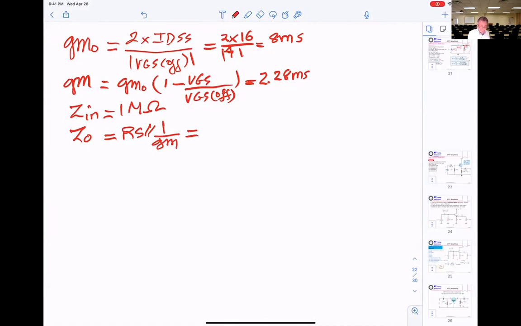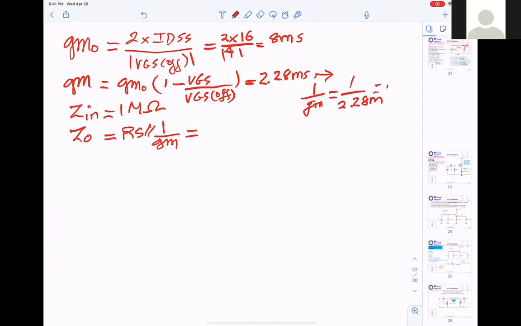So you need to know what the 1/gm is. 0.44. Okay, so you get 0.44 kilo ohm.